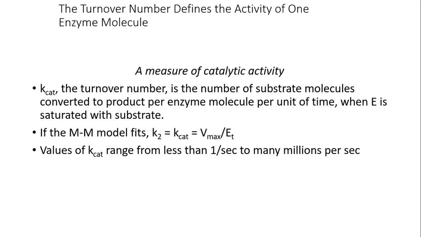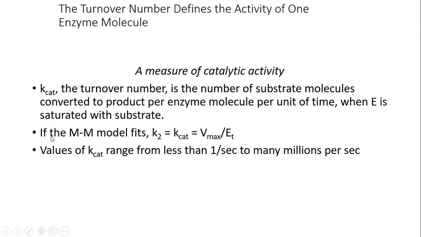So other ways to describe or measure enzyme activity: kcat, the turnover number. This is the number of substrate molecules converted to product per enzyme molecule per unit of time. So this is a measure of activity but also efficiency. And this also is when enzyme is saturated with substrate.